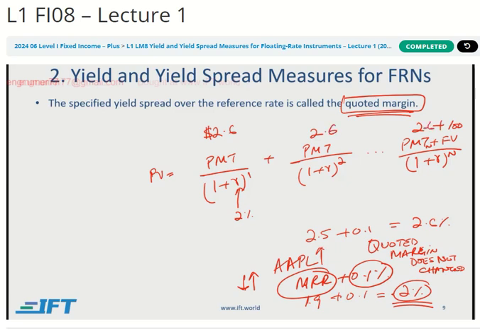And depending on how the market feels about Apple as a company, maybe the discount rate is the same in the case of the spread. If we're talking about it in terms of a fixed rate bond, if the government is offering 2.5%, then the market feels that a spread of 0.1 is sufficient for Apple based on the additional risk they are taking by investing with Apple, right?